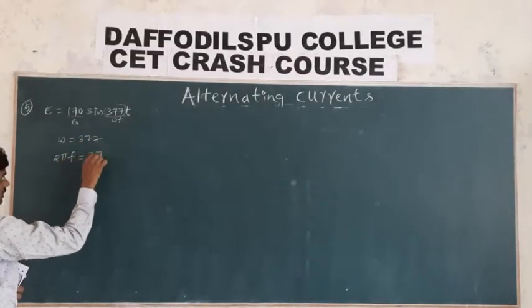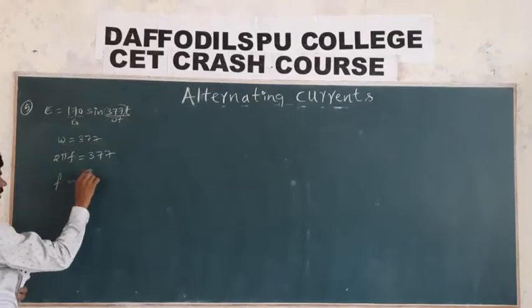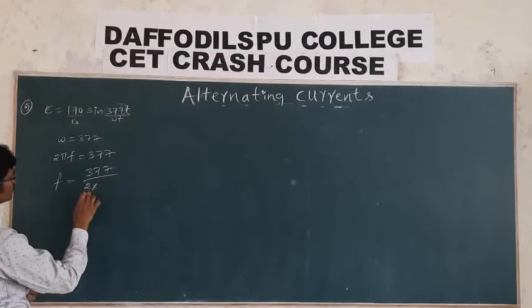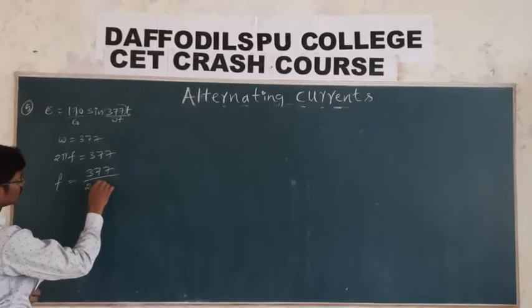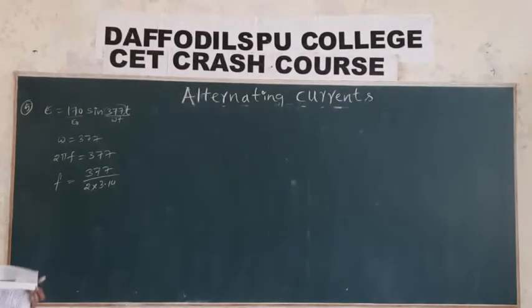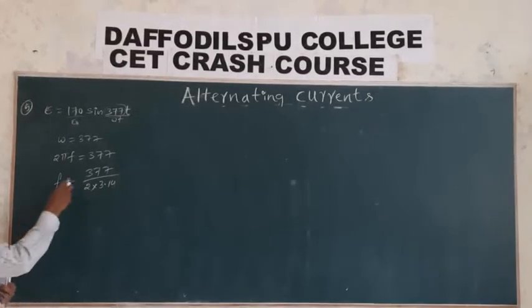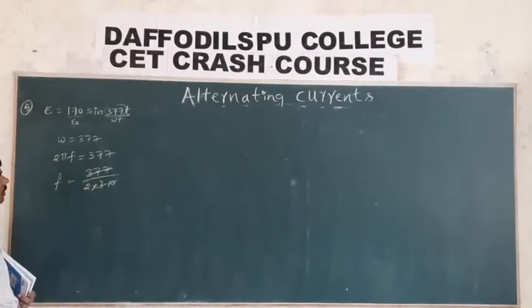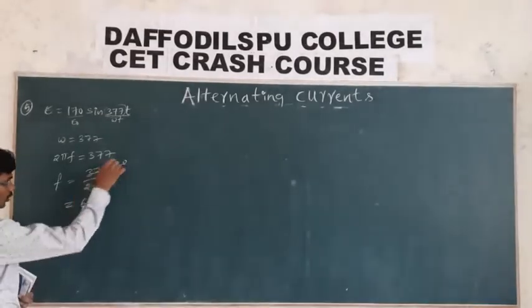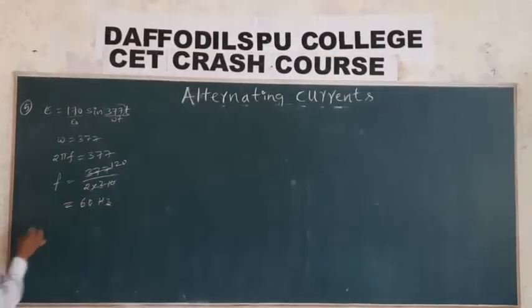So f is equal to 377 by 2 into 3.14. This is around 377 by 6.28, which is 60 Hz, which is the third option.